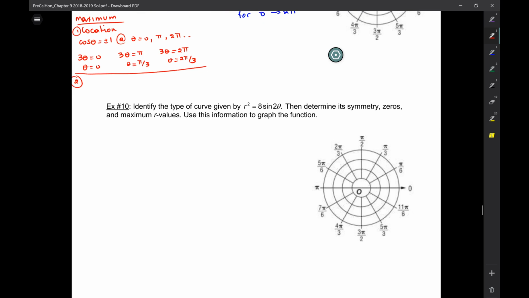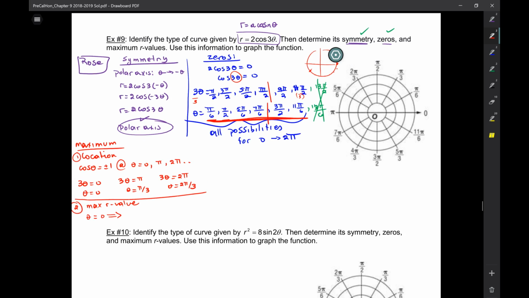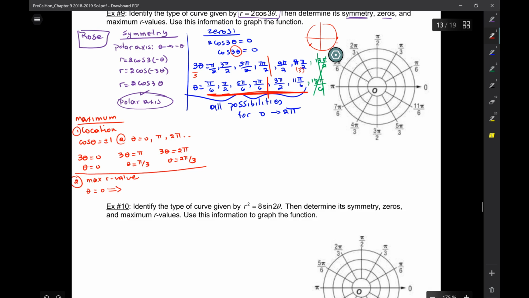Okay? So now, the maximum R value, okay? When theta equals 0, cosine is at positive 1, right? So when you plug it into the function 2 cosine 3 theta, how much is R? 2. When theta equals pi, R equals negative 2.